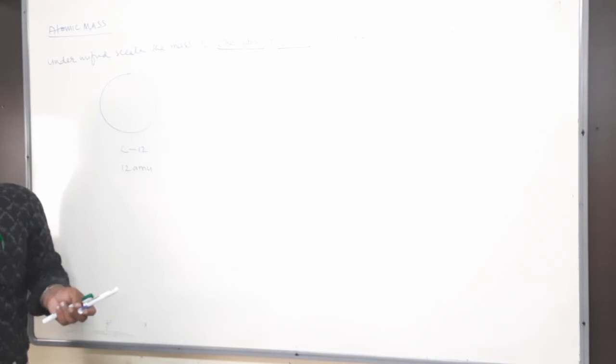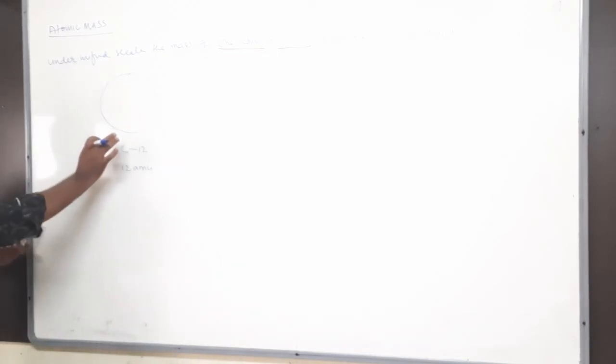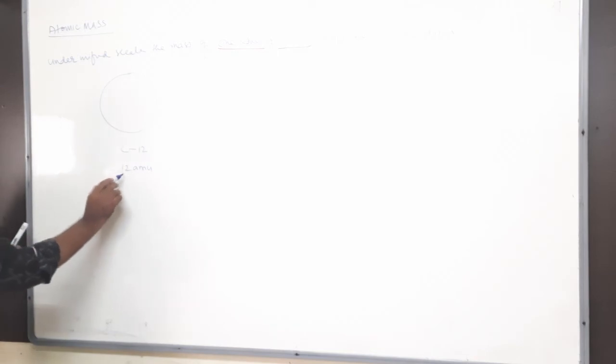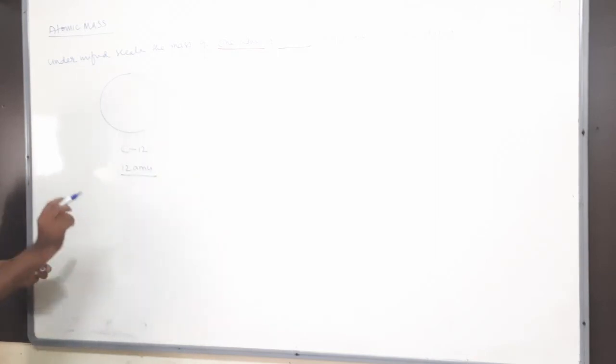Like you have studied electrochemistry. In electrochemistry, the standard hydrogen electrode, whose SRP is 0. Why 0? They have taken it arbitrarily fixed. Here also it is arbitrarily fixed that this carbon 12 isotope has 12 AMU. Its mass is 12 AMU.